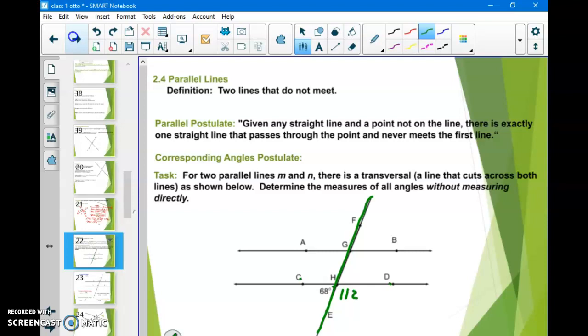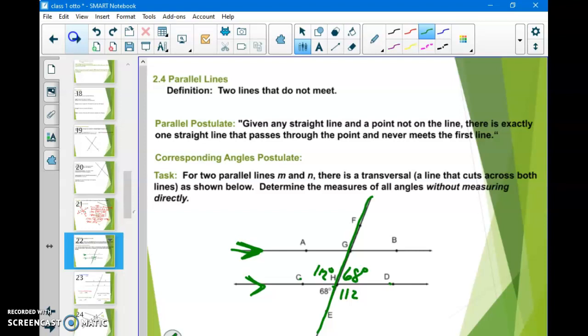We also just got done proving that vertical angles would be the same measure, so I can put those in there. And if this line and this line are parallel, I'm going to put these little arrows in here to indicate parallelness. That's a shorthand notation for parallelness.